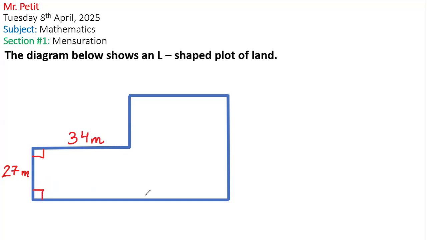Let's say that this is X, so the bottom is going to be X. Again, we have a right angle. Again, we have a right angle. This is 26 meters. This is 48 meters. And this is Y.